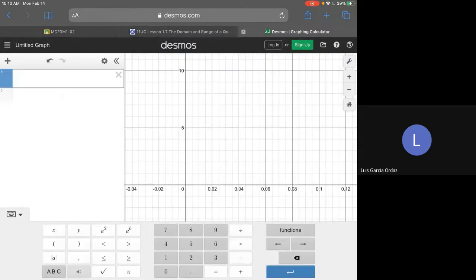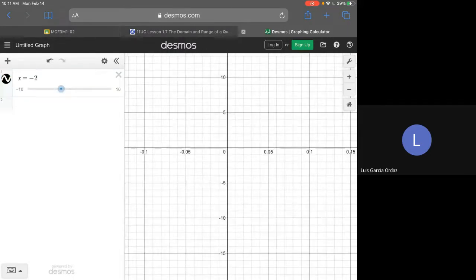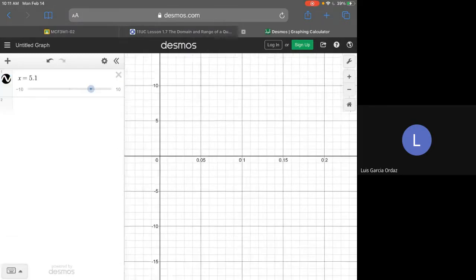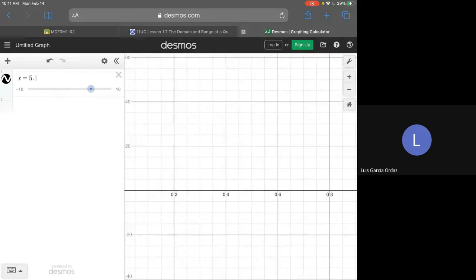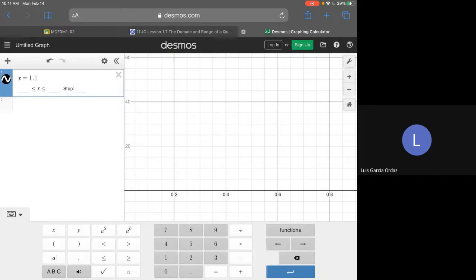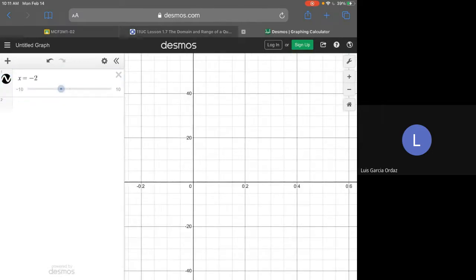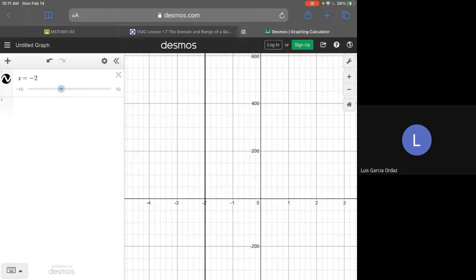So I get x is equal to -2. It's a vertical line.